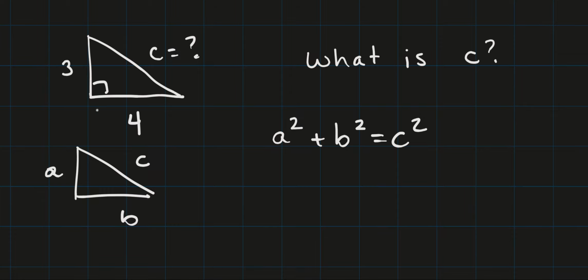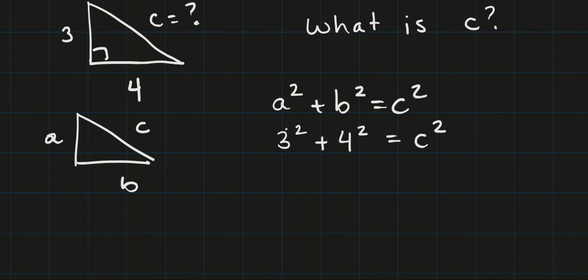So you can plug in A and B. You can see that A would be 3. So 3 squared plus B is 4, 4 squared is going to be C squared. Let's add this up. So 3 squared is 9. 4 squared is 16. 16 plus 9 is 25. So that's C squared.